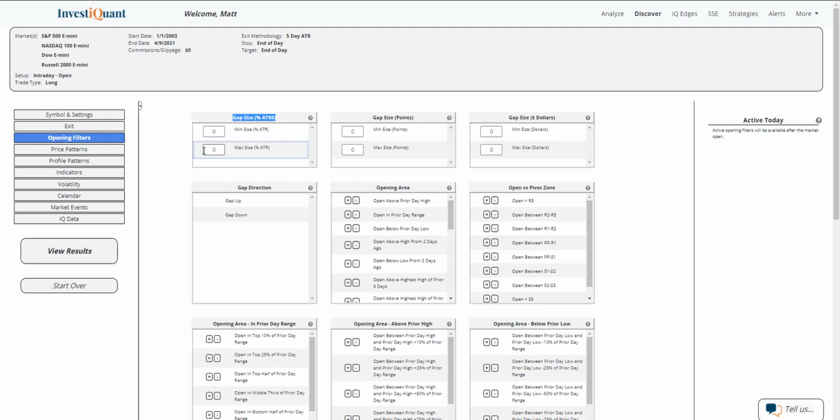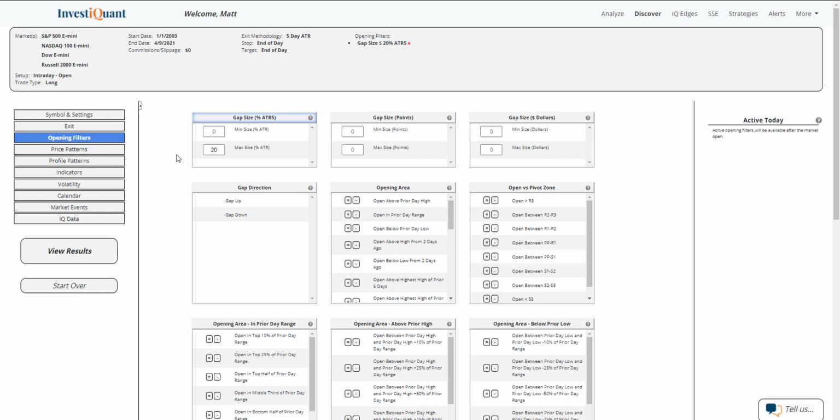So I'm going to come in here and I'm going to put a maximum percentage of the ATR as kind of a buffer zone around where the opening print is relative to the prior close. And I'm going to put in 20%. So currently in the S&P, the 5-day ATR is coming in at 33.25 points. So 20% of the 5-day ATR is about 6.5 points, just over that.